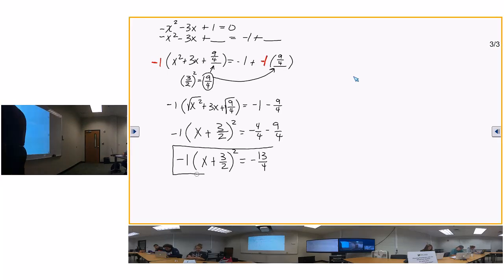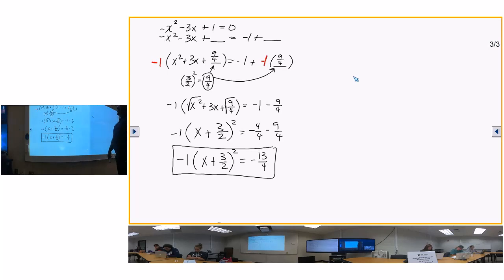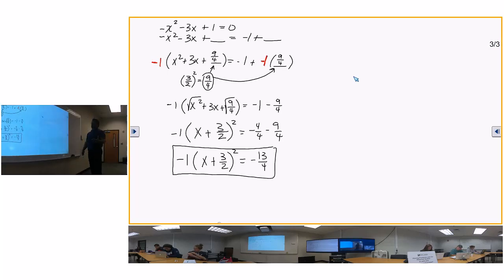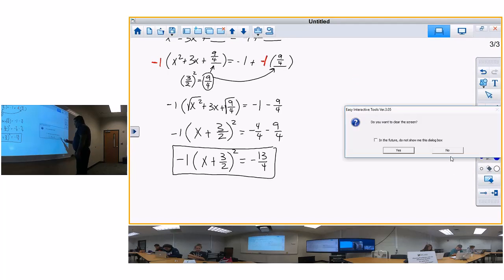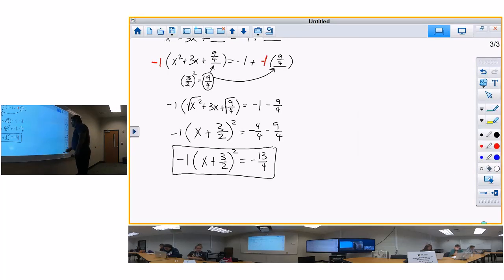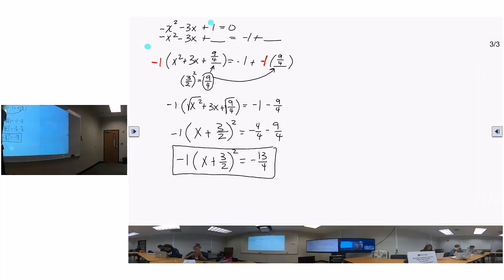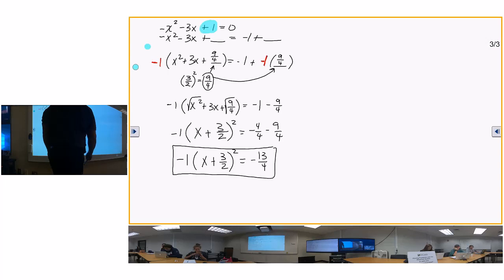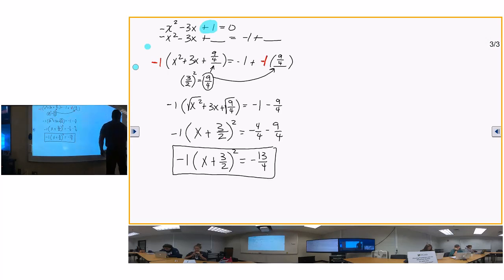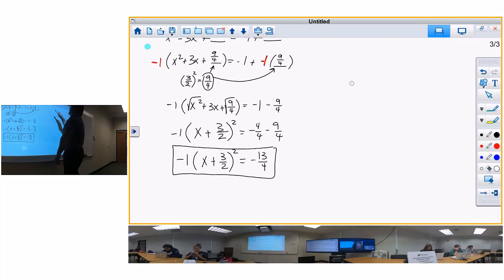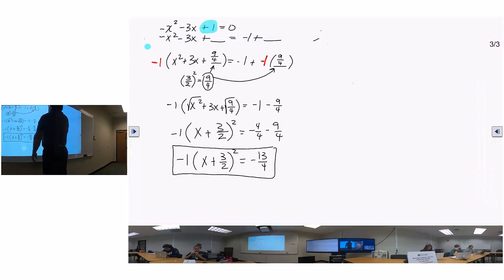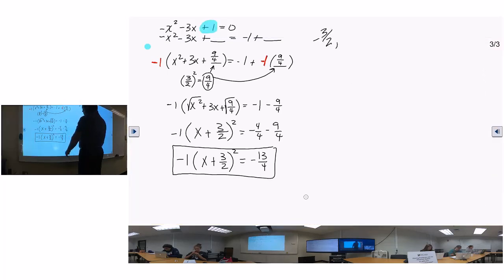That's good. All right, so at this point, you can do 2 or 3 things. We know that our handy-dandy y-intercept is right there. We know that our vertex is negative what? Negative 3/2. So I'm going to go up here and write negative 3/2, comma, positive 13/4.